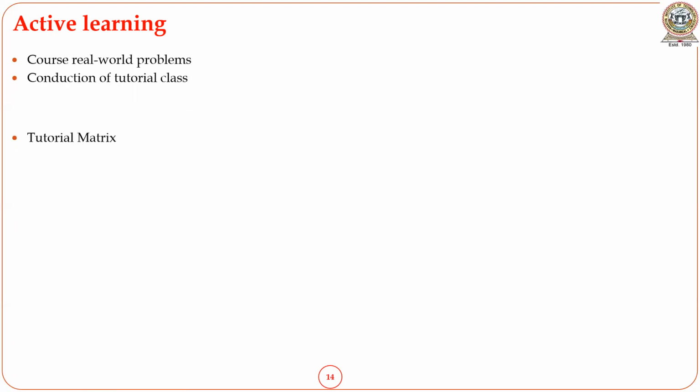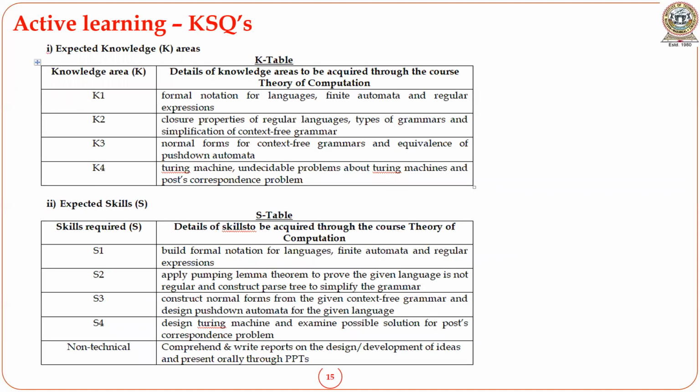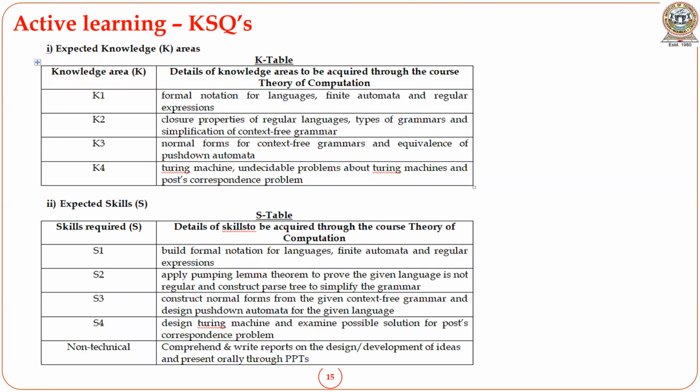So real world problems, conduct of tutorial classes, tutorial matrix, course web page, course programming assignments, special assignments, and course projects are part of active learning. And these are the knowledge, skills, and qualities required for this active learning.